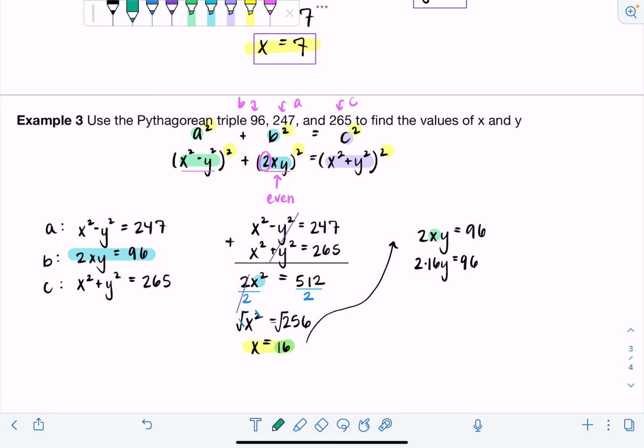I can multiply the 2 and the 16 together to get 32y equals 96, and then the goal is to get y by itself, so I'm going to divide both sides by 32. And then 32 divided by 32 cancels out, so I'm just left with y equals 3. So x equals 16 and y equals 3 would give us that Pythagorean triple.